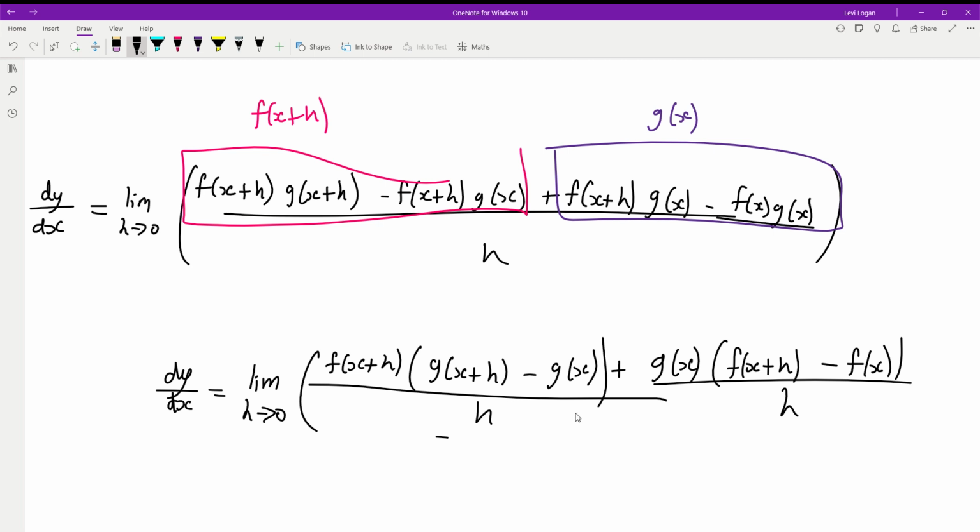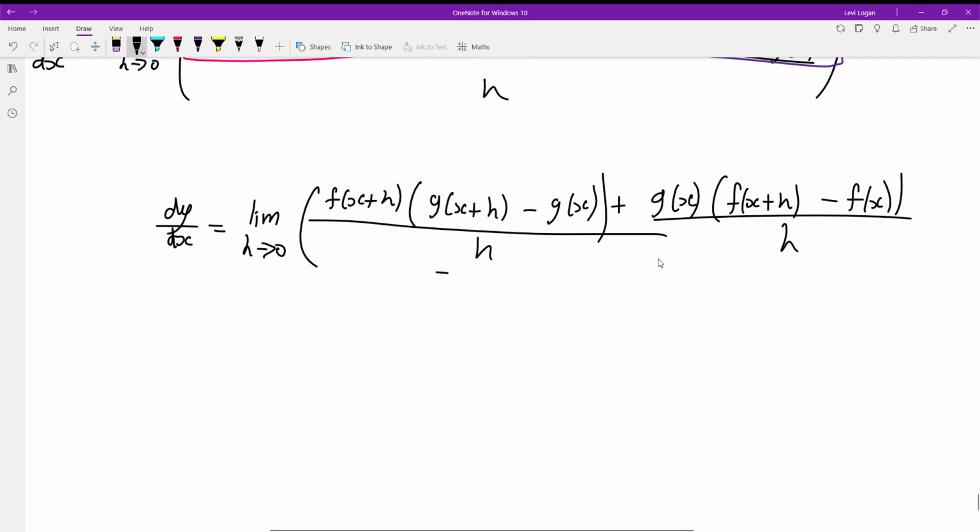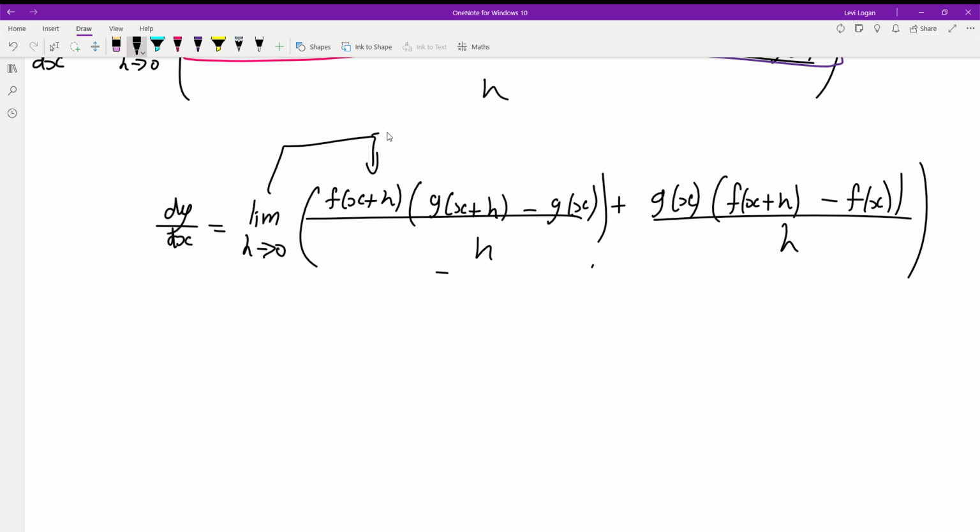Righto. Now I can cut them in two like I've just done there. Just imagine I've split it up into two separate fractions like I have here. And I'm going to apply the limit to every single expression I have.